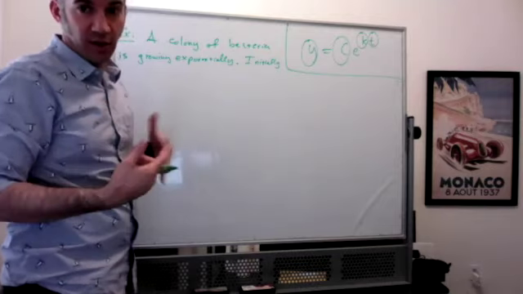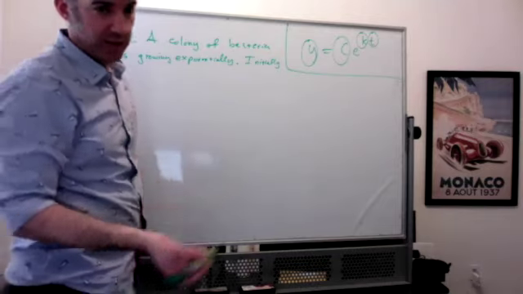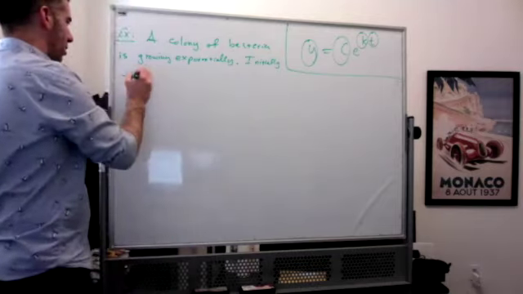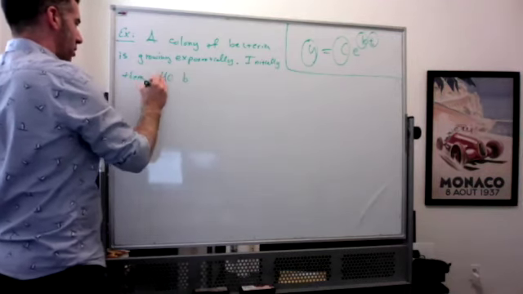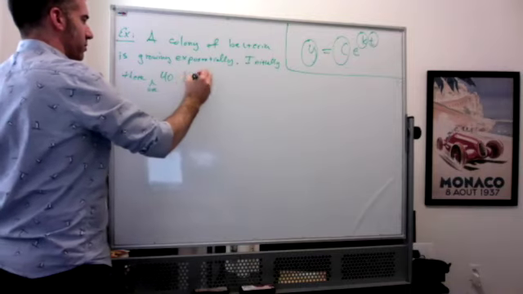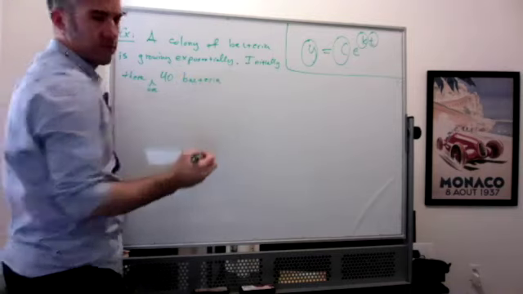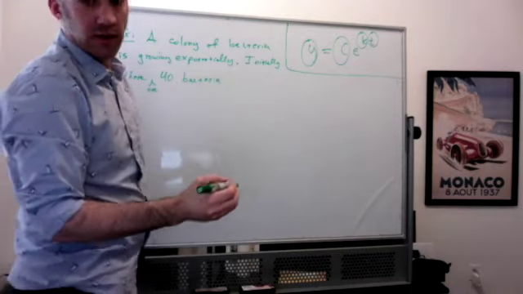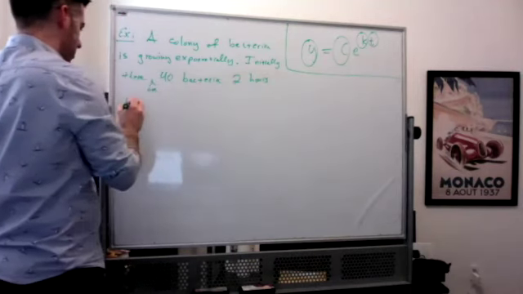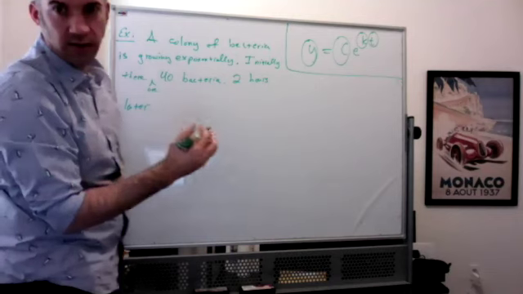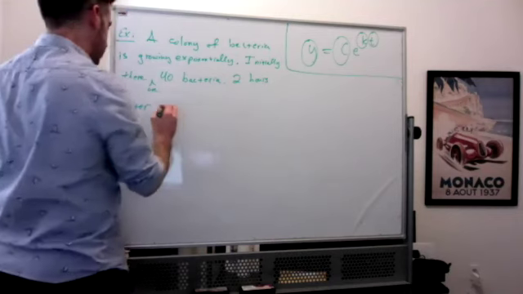At time equals 0, at the beginning, we have some amount. There are 40 bacteria. And then 2 hours later, there are 120.